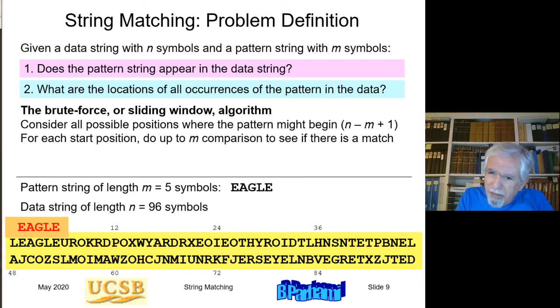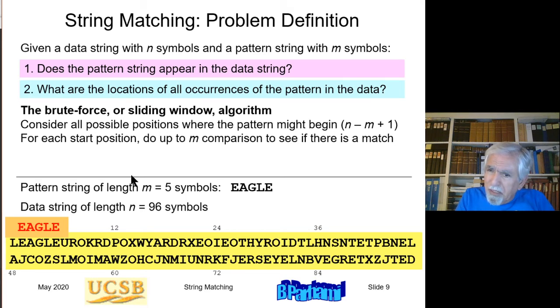Then I slide that window over by one position and say, does the pattern eagle appear in this data string beginning with the second position? E matches E, A matches A, G, L, E, and the answer is yes. So if I was asking just a yes-no question, I already found the answer. The pattern string appears in the data string.